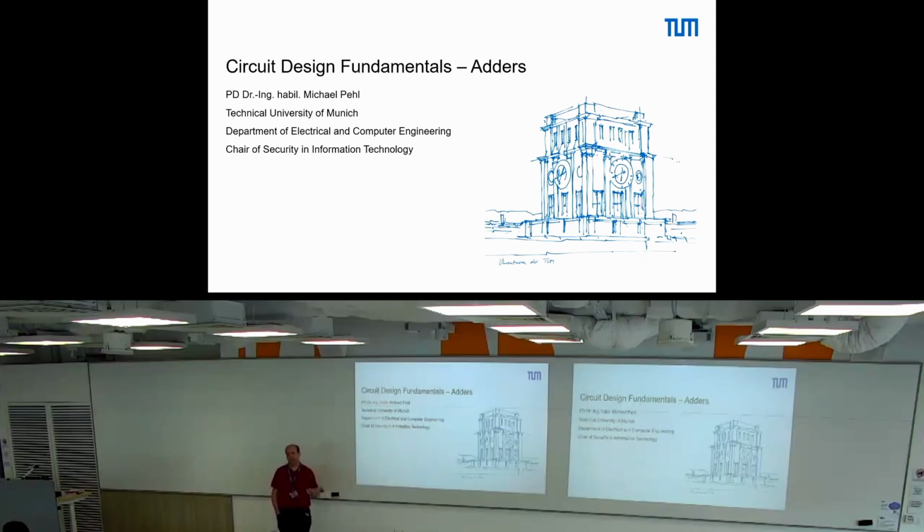On the other side, if we have a small carry look ahead adder, so only a few bits, then the critical path is shorter than the one for the ripple carry adder, so the propagation delay is shorter. So it depends a little bit on the size.